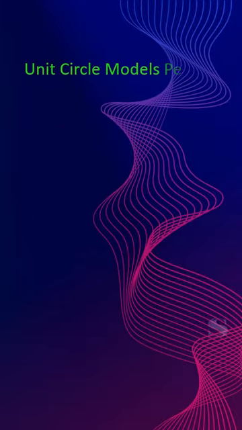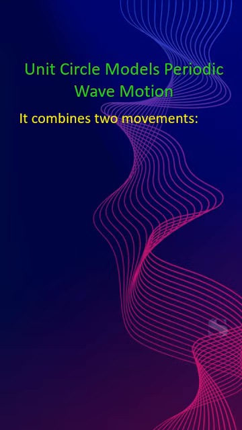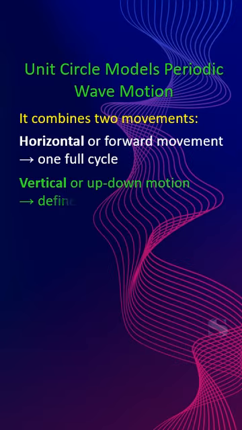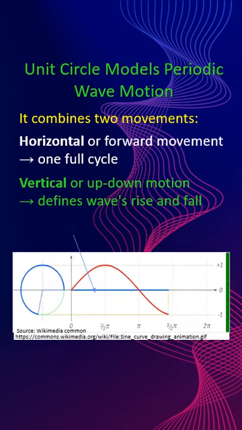The unit circle is a powerful way to represent wave motion, which is inherently periodic. At any moment, it combines two types of movement, a horizontal or forward motion, and a vertical motion that defines the wave's rise and fall. In the animation, the blue line shows the horizontal progression over one complete cycle, or period.